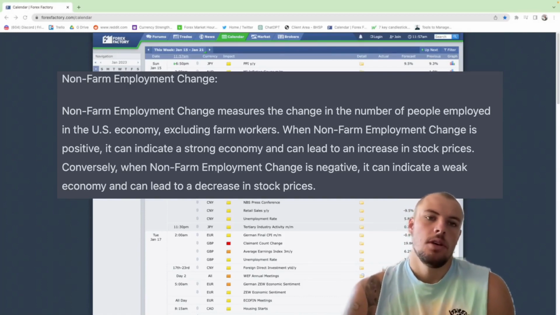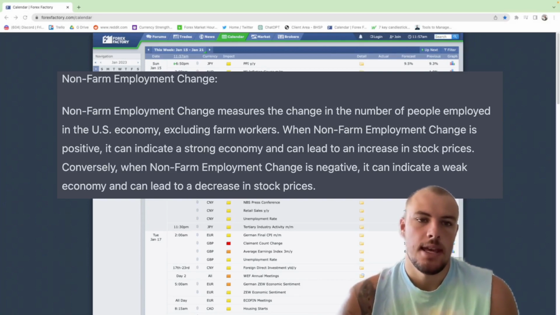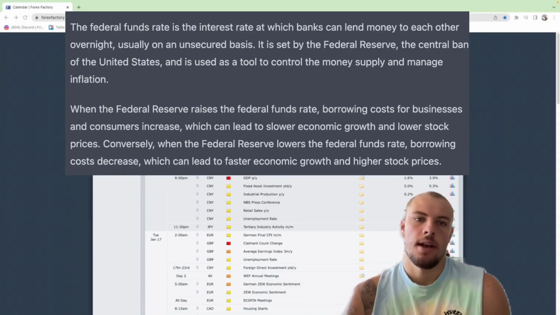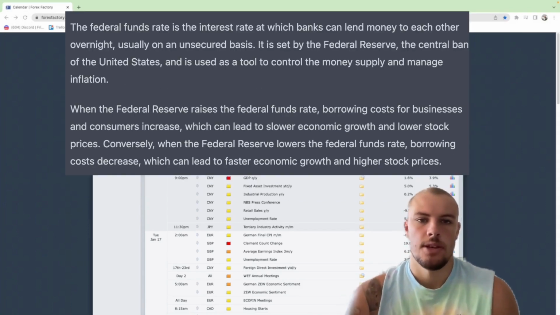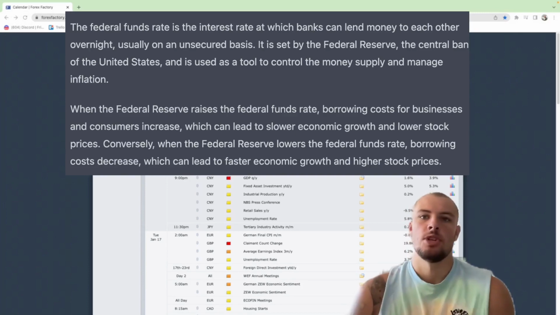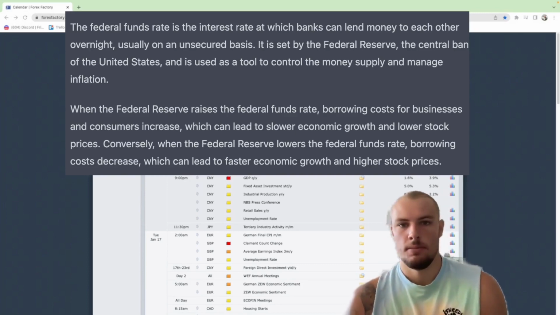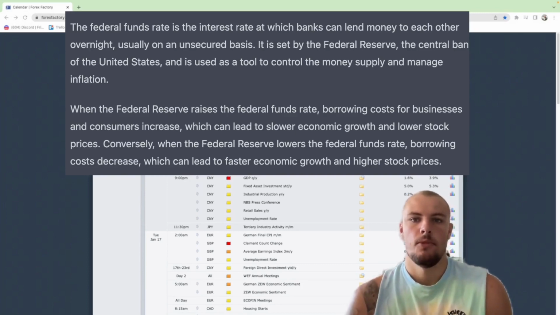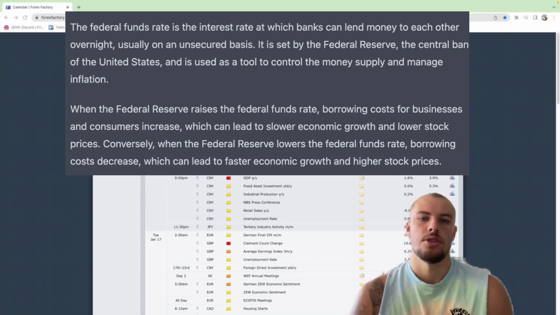The final red news that we're going to cover today is federal funds rate. All right. The federal funds rate is the interest rate at which banks borrow money from each other overnight. So it's essentially saying how much it costs for JP Chase Morgan to borrow some money from Wells Fargo. Okay. It is set by the Federal Reserve and is used as a benchmark for other interest rates.